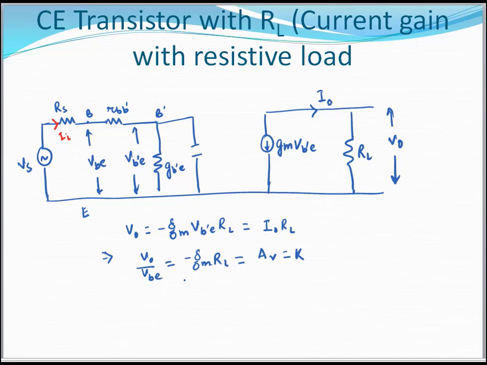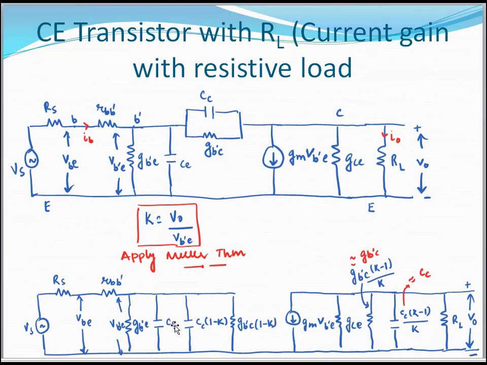So input capacitance we can find, the value of input capacitance Ci is the sum of, you can see here, this C and this Cc1 minus K is in parallel, so it will be added up.